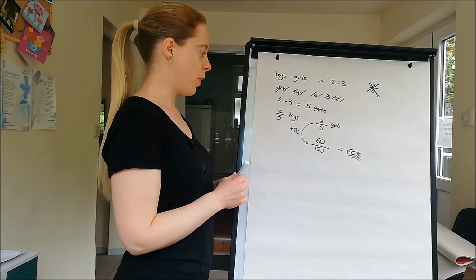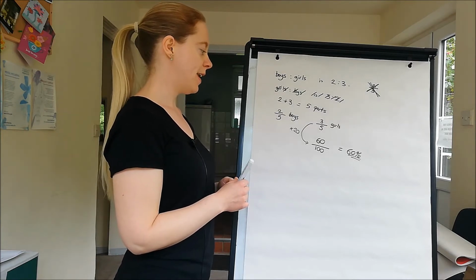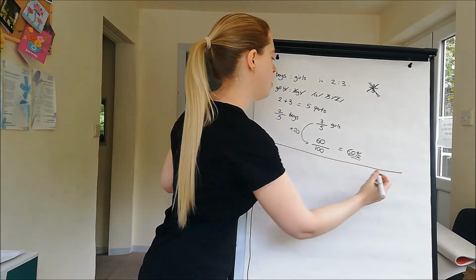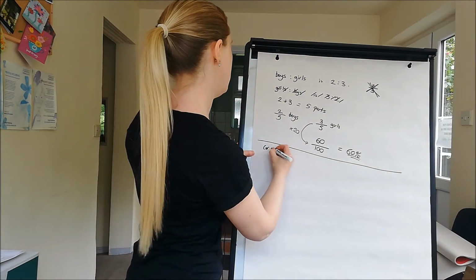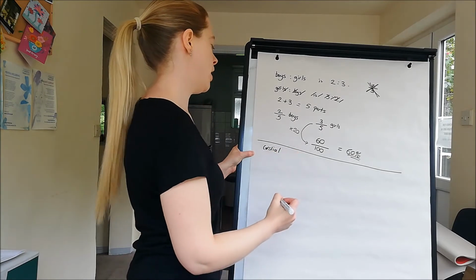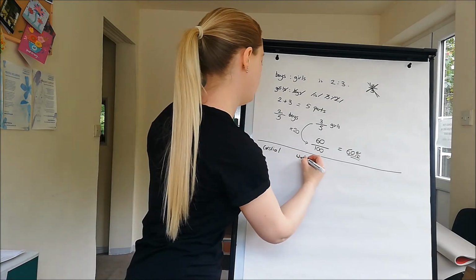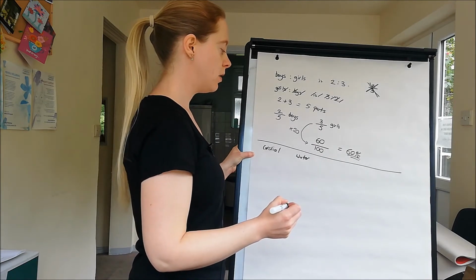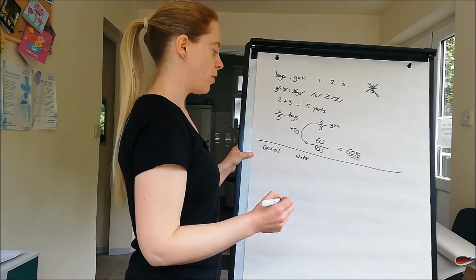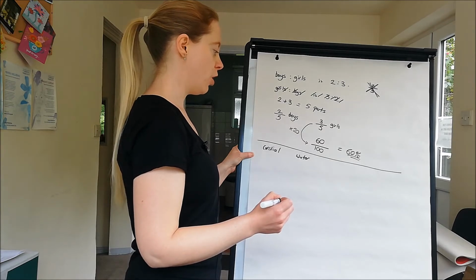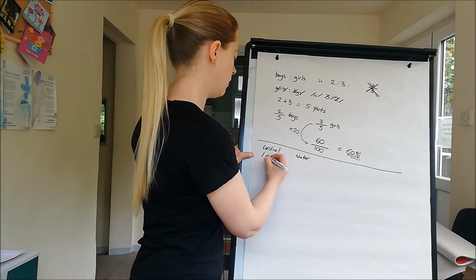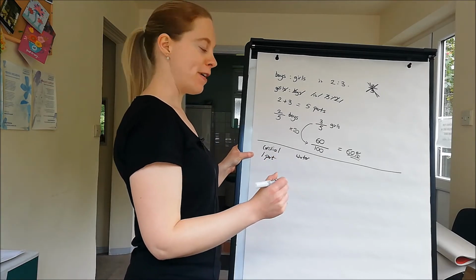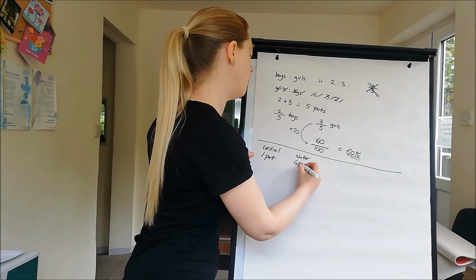So if we do another one, if you just put e.g. cordial and water must be mixed so that there is 1 part cordial for every 4 parts of water.